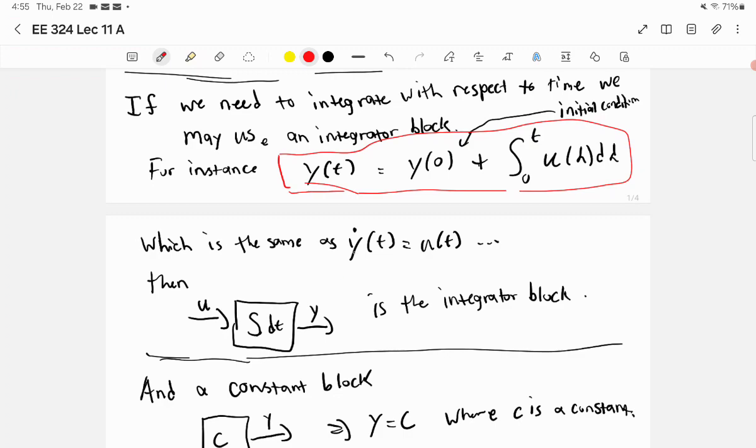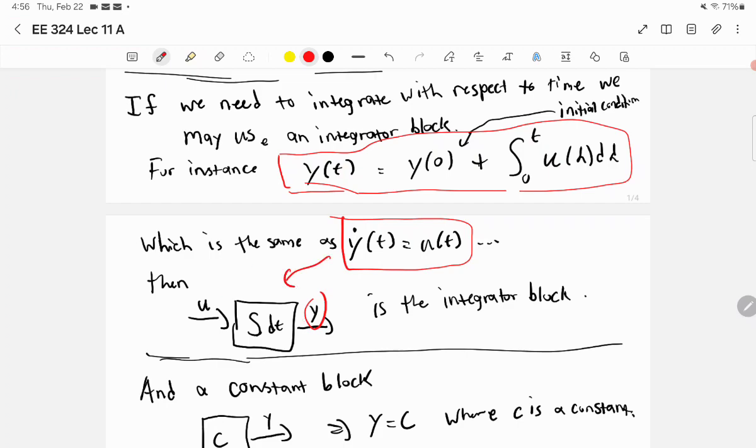As I mentioned, you could imagine going from y dot. I could have just written this as u being equal to y dot. Then if I integrate this equation, I'll just get a y out, right? So integrating this with respect to time, I would get out just a plain y.